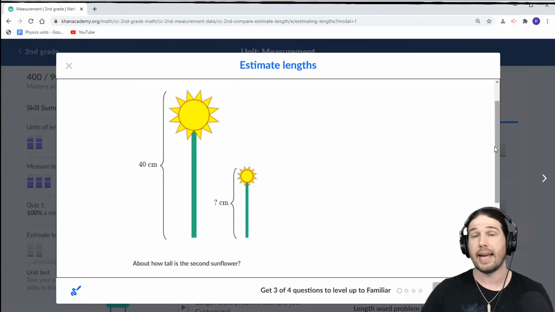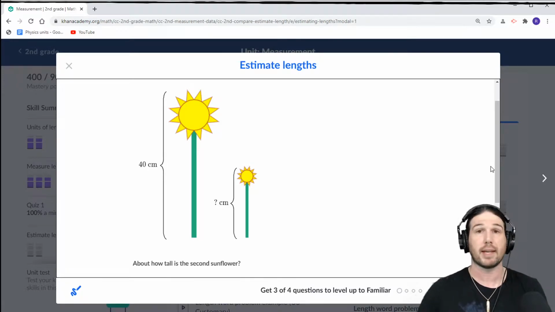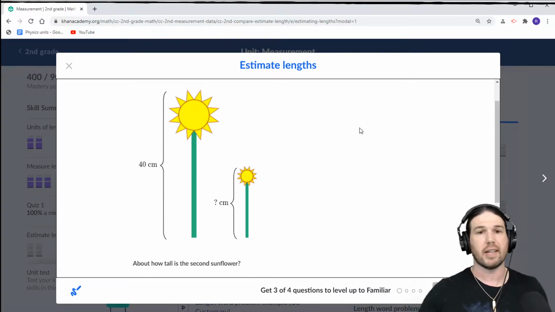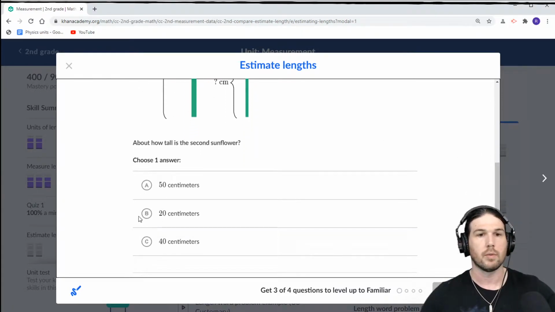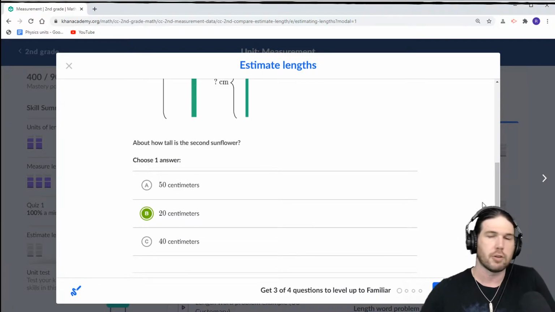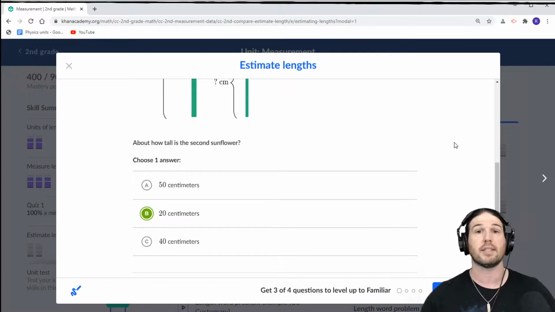Try to find an answer first or come up with what you think is the answer before looking at the answers, because a lot of exams include answers that are designed to make you impulsively choose it because it seems like the right answer right away before you think about the problem. So think about the problem, find an answer if you can, then check it against the answers that you have available. So I see 20 centimeters, which would be this one. But if it said 25 or 18, I would have chosen that instead because it would have been the closest. This is just an estimation.